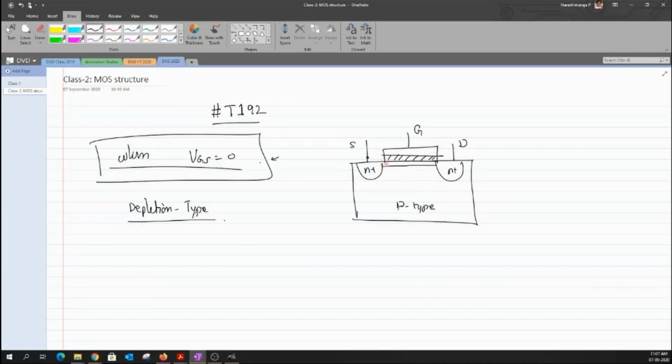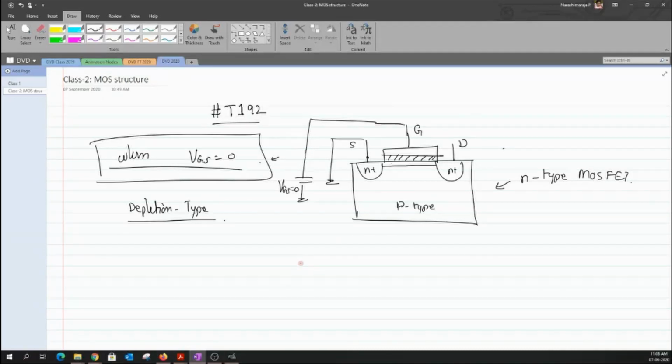So even here we would have electrons created when the potential difference between the gate and the source is taken as 0. So in this case, VGS was taken as 0, and still there exists a channel between the source and the drain. This is an N-type MOSFET, or NMOS as it is shortly called.